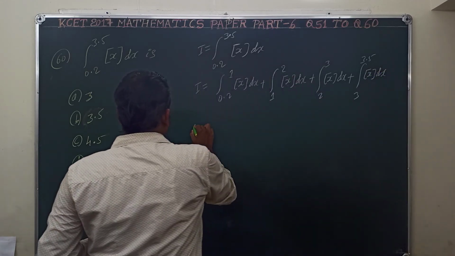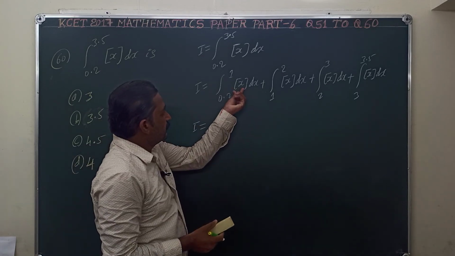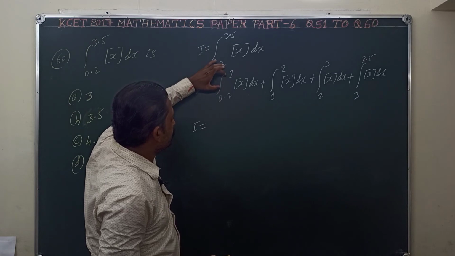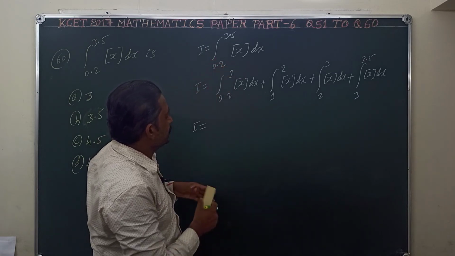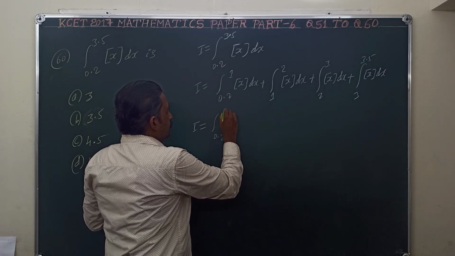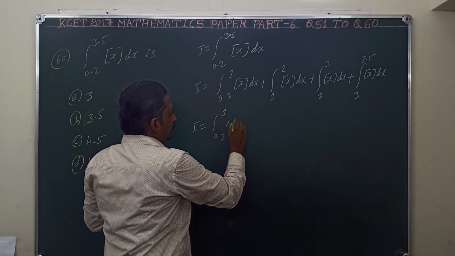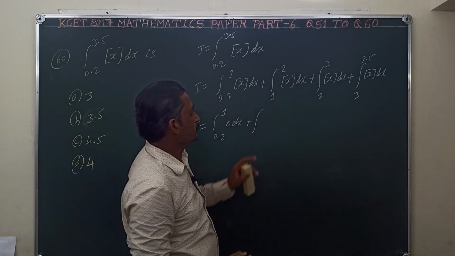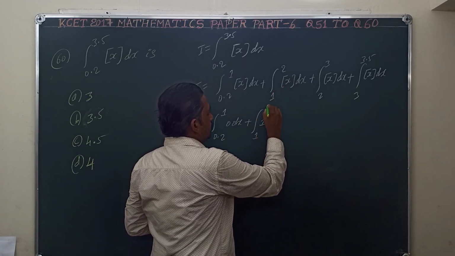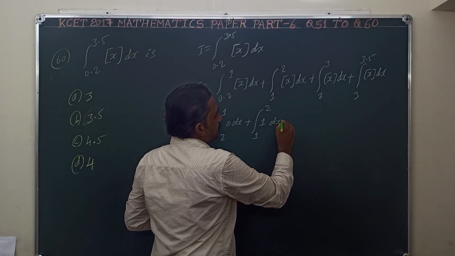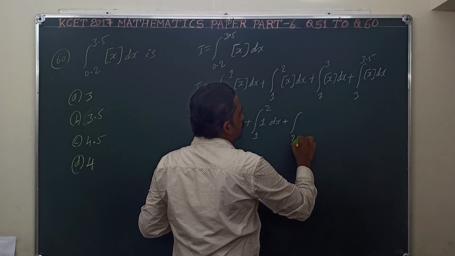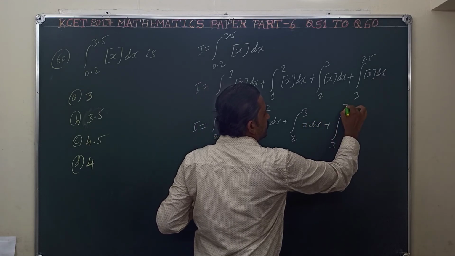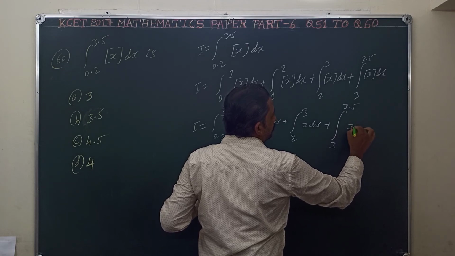So in this case the greatest integer value of x for x values between 0.2 and 1 becomes 0, dx, plus in this case for x values between 1 and 2, the greatest integer value becomes 1, from 1 to 2, 1 dx. Similarly in this case, 2 to 3, 2. So in this case 3 to 3.5, 3 with respect to x.